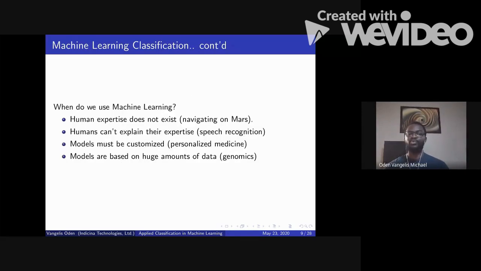So when do we use machine learning? We use machine learning when human expertise does not exist, right? It's an experimental system that has the possibility of performing really, really good or performing really, really bad. But we know that sometimes there might be no expertise, or that the amount of information we have to process is way more than a human being can actually sit down and process, or will take too much time to process.